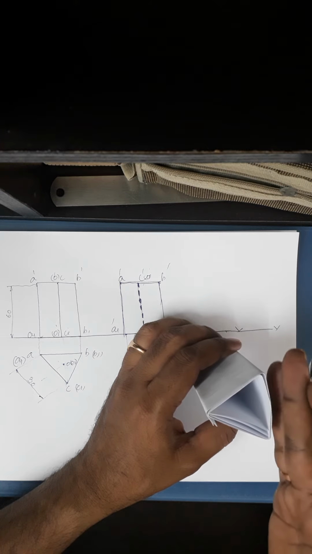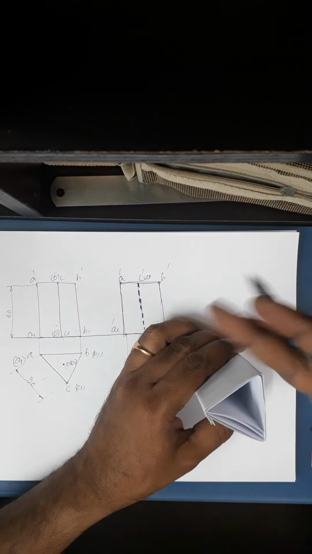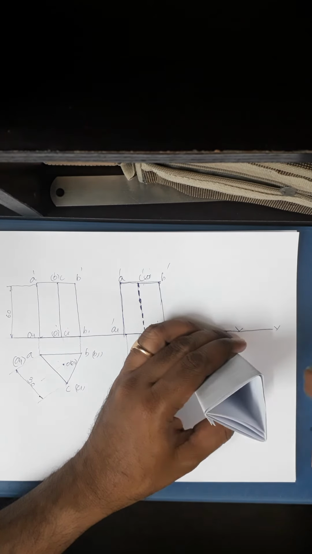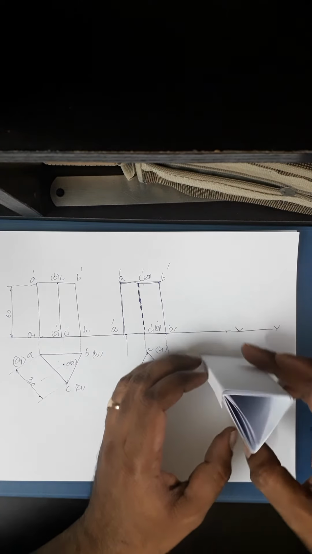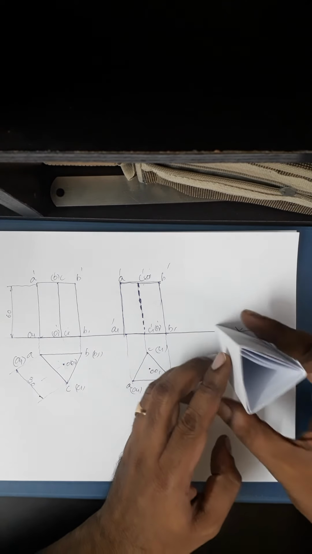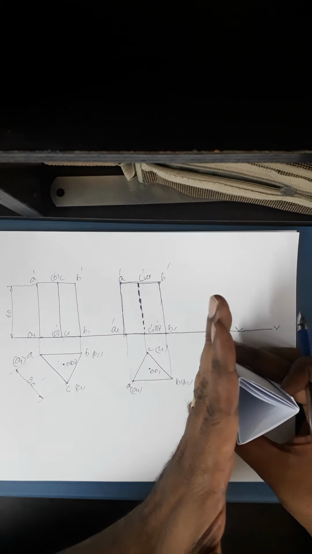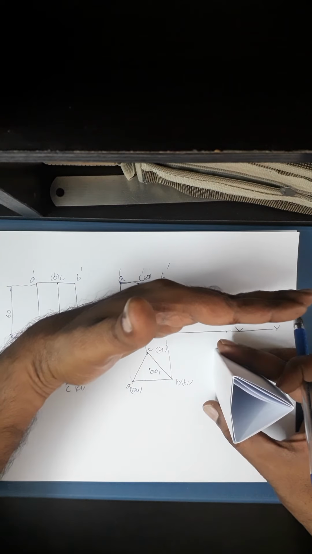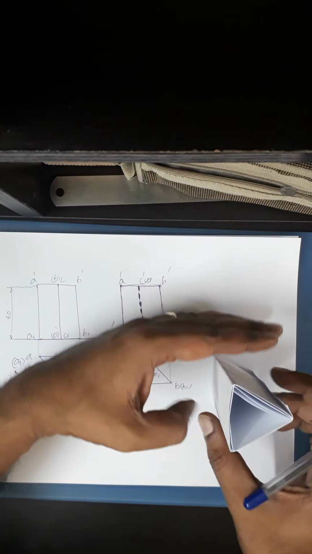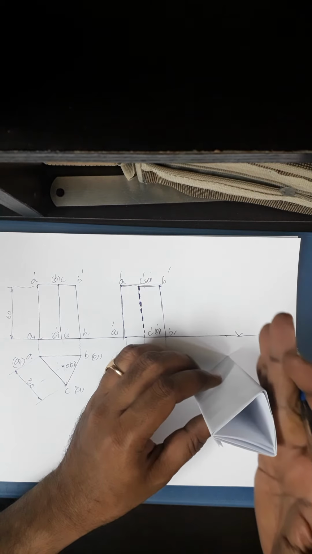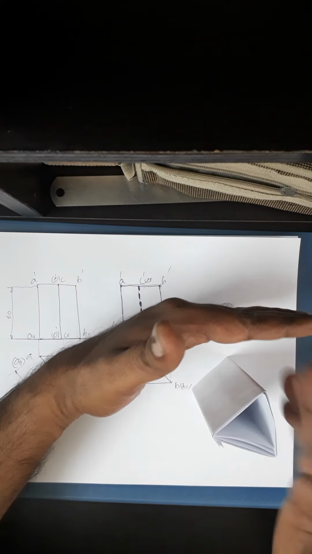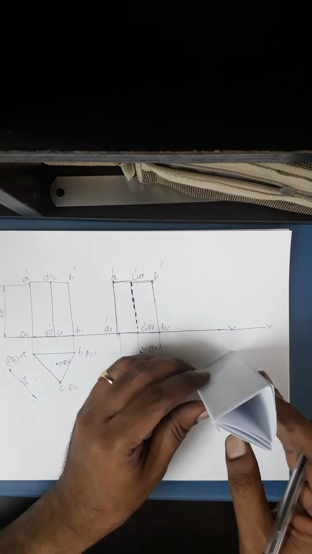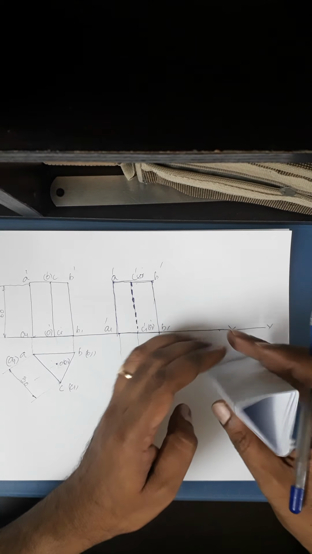So in that case I can keep one of its rectangular surfaces perpendicular to this VP. If I imagine a vertical plane here, I can even keep it this way also, making this surface come this way. So I can see that this rectangular surface is perpendicular to VP, either this way or this way. So in that case I have to define how exactly it is placed, whether in this position or in this position.